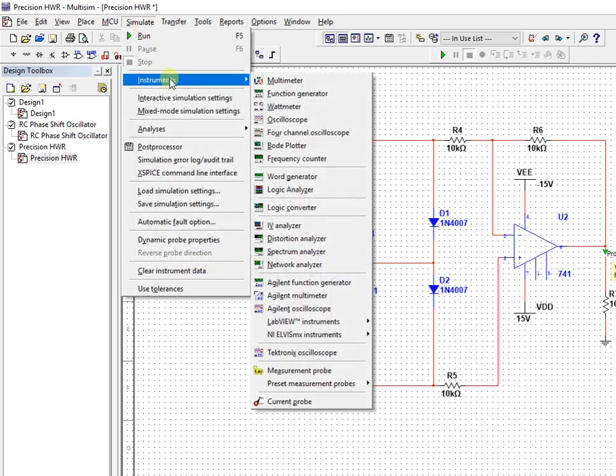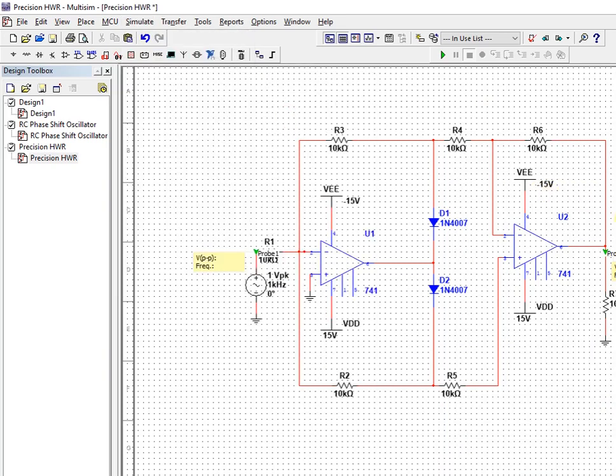Now I will place the oscilloscope both at the input side and the output side. Here I am going to use channel A for both the oscilloscopes to measure the input and the output.